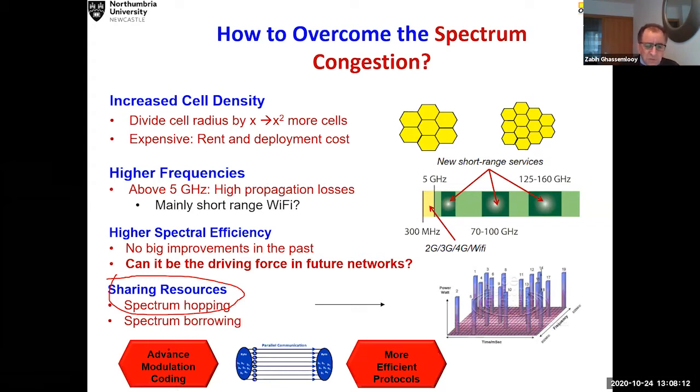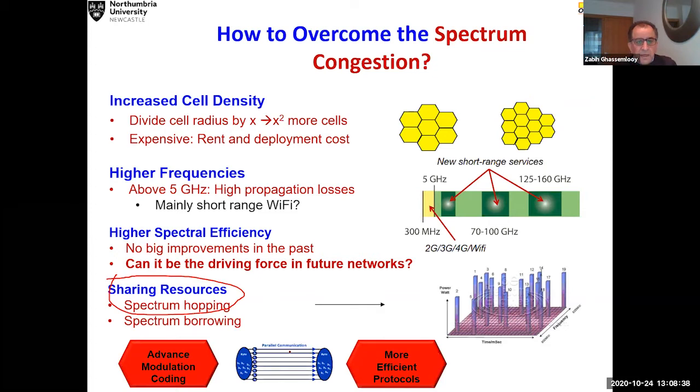Or just be brave and go into parallel communication. In other words, you can lay more cable, you can have more antennas, just like massive MIMO, or you can have more fibers if you wanted to. In fact, that is maybe the best option if you want to achieve high capacity communication systems.